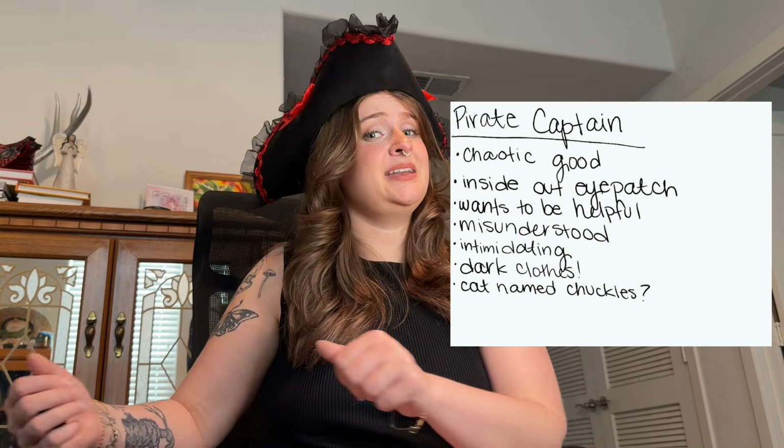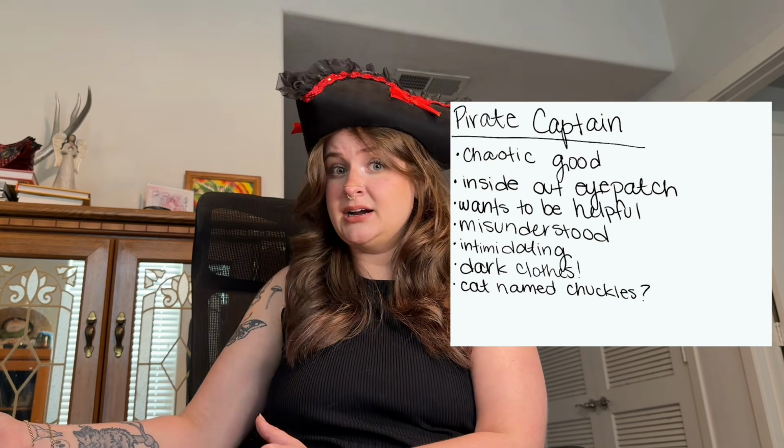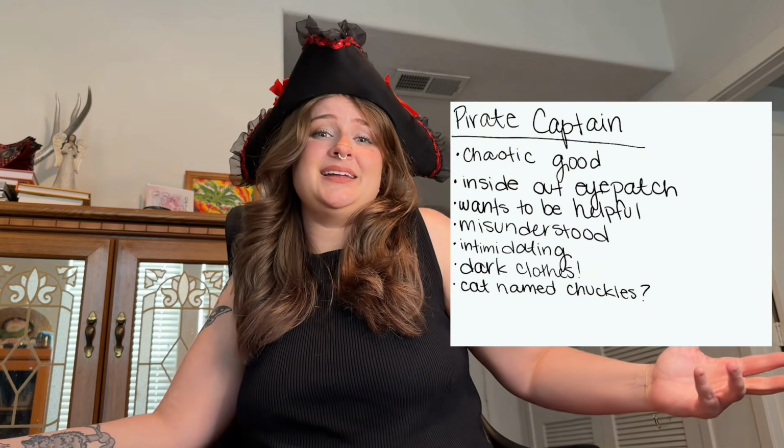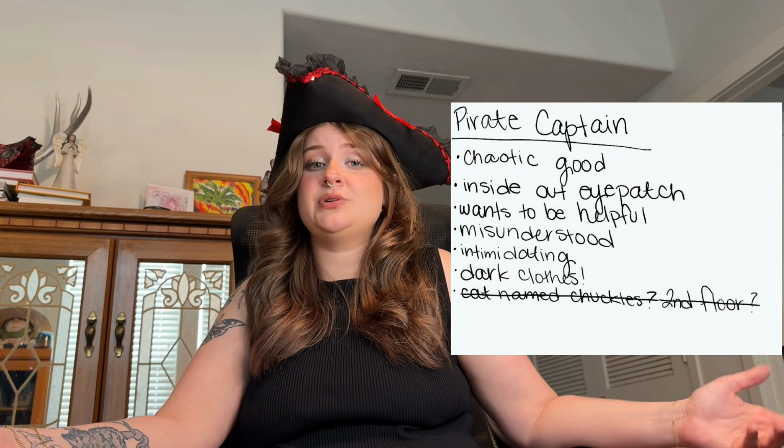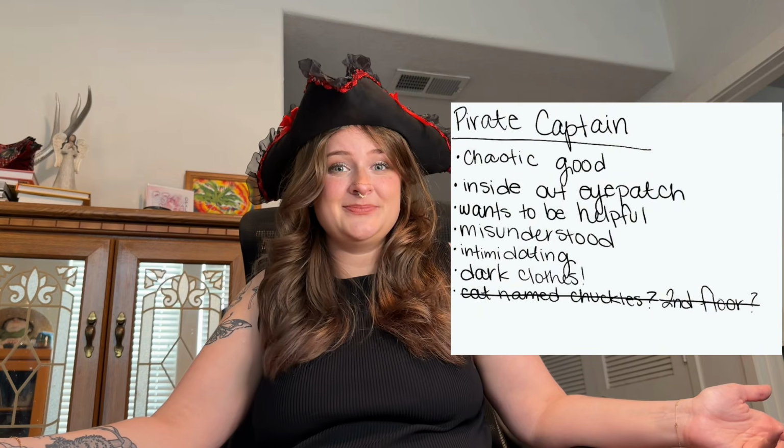Now, here are some mistakes that I see people make far too often. Getting too detailed too quickly. Don't put in so many details that it takes away from the story. Because it may be important that the pirate captain has a cat named Chuckles on the second floor of their home, but that may not be relevant to your players if you are creating something for a campaign.